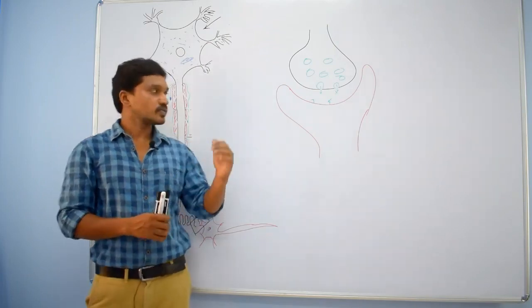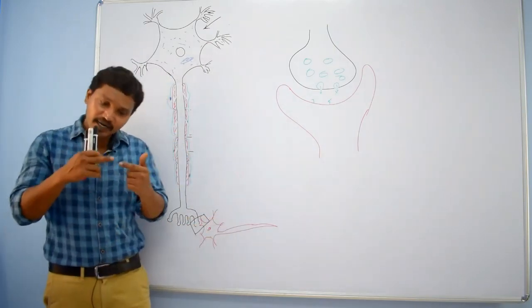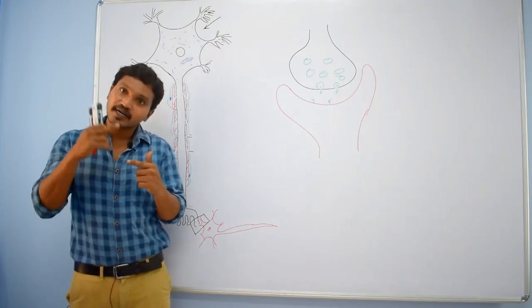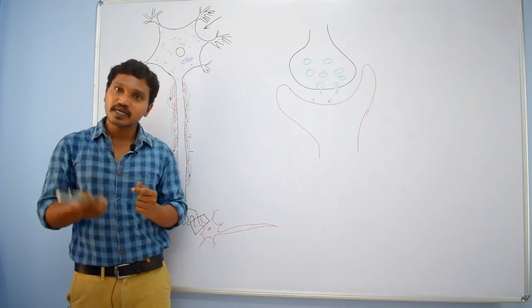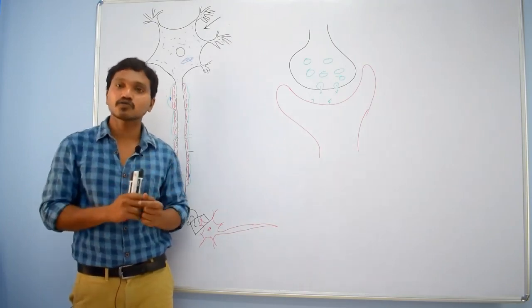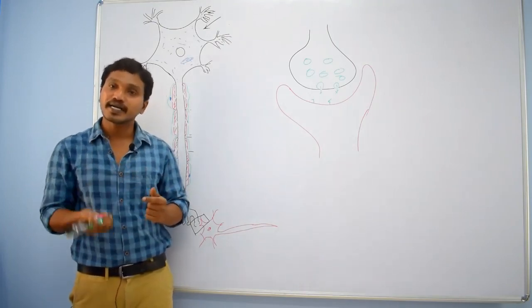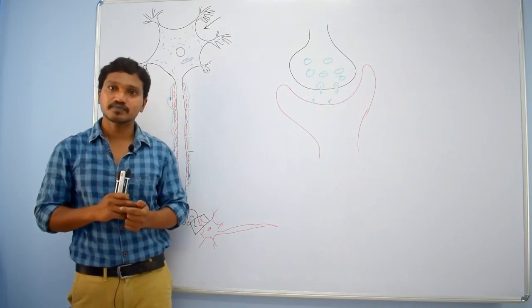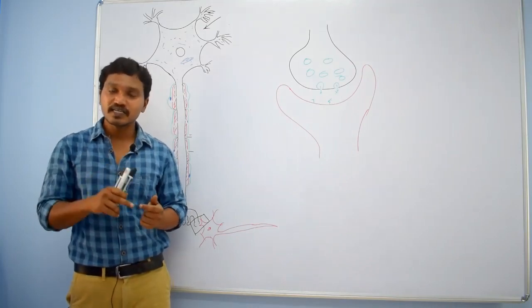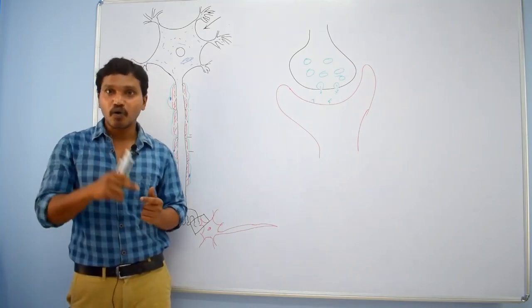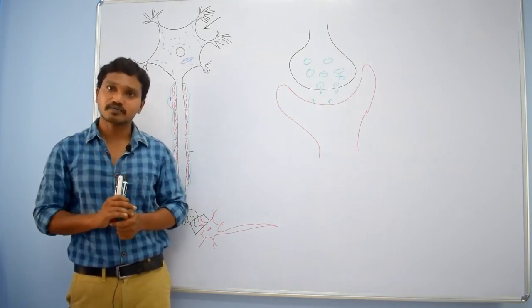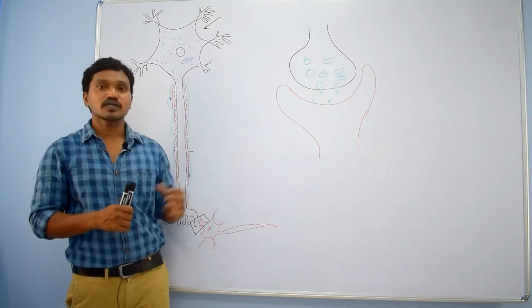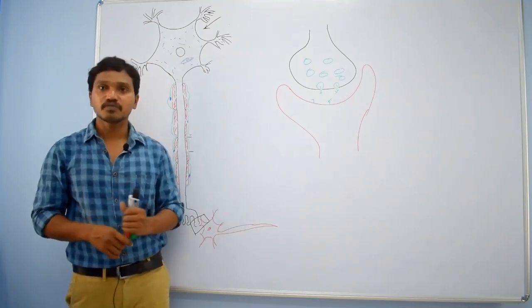If the junction is between dendrite and dendrite, dendrodendritic. If there is a junction between the dendrite and soma, soma means body, dendrosomatic. If there is a junction between the body and axon, axosomatic. So these are the different types of synapse.